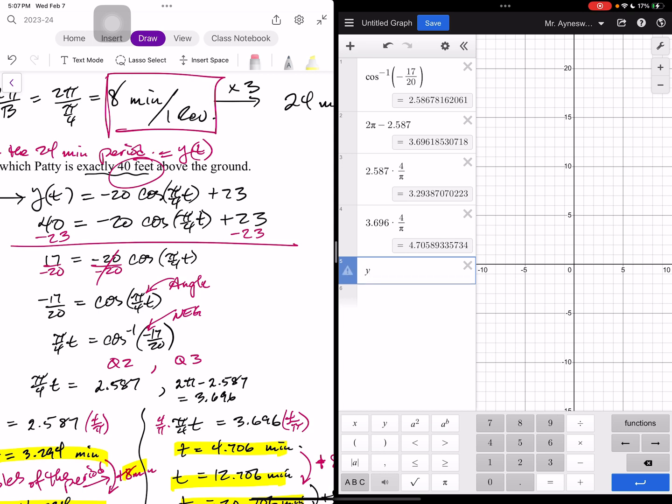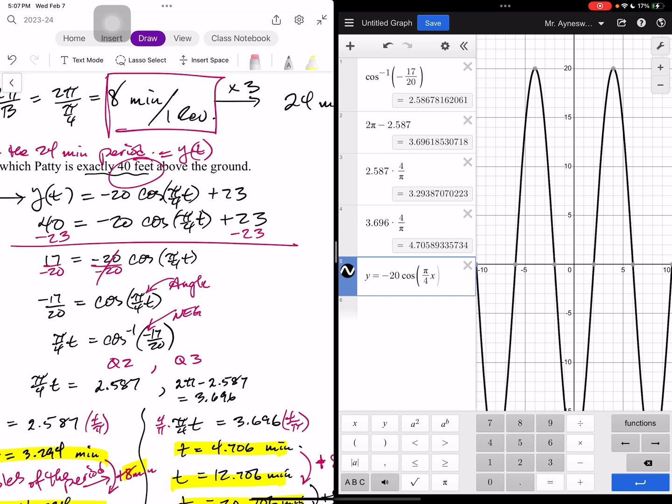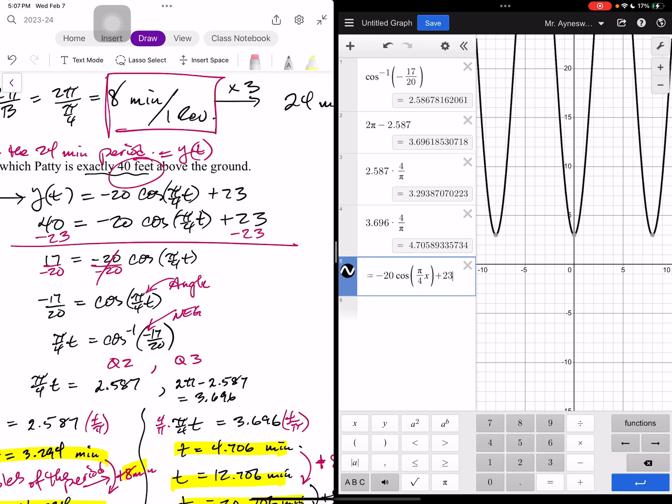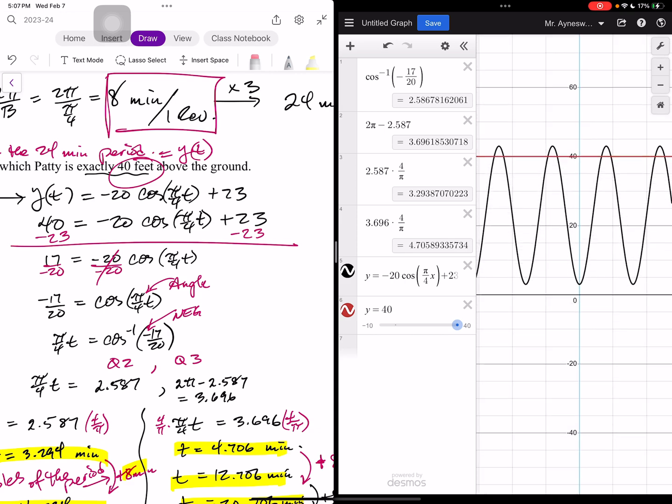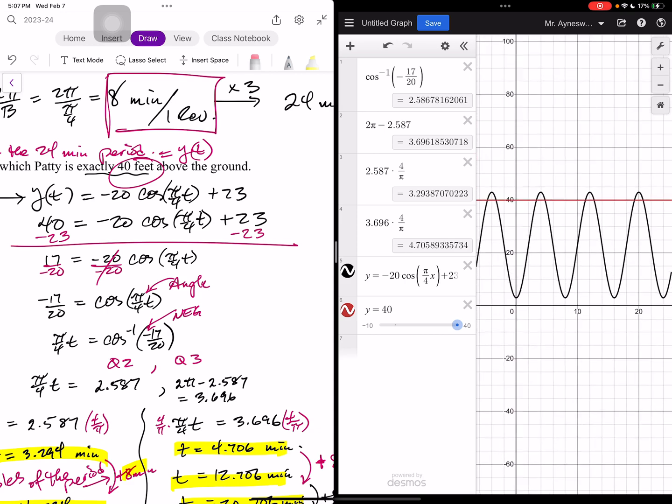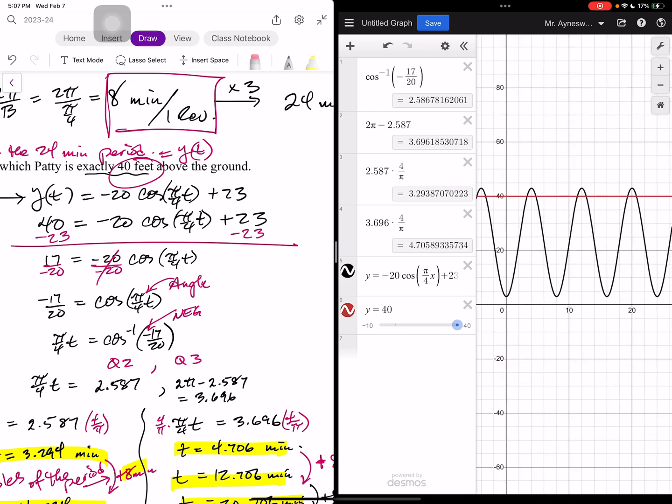So y equals negative 20 times the cosine of pi divided by 4 times x, then add 23. I've got my function in here. My y value is 40, so I need to say y equals 40. Then scale it properly and take a look at the graph, and hopefully I'm right.